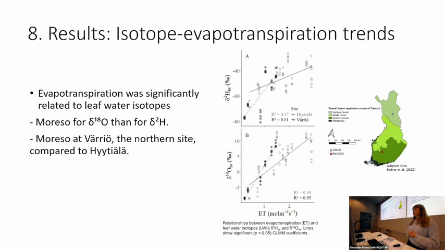And also at one site, the more northern site, evapotranspiration had an extremely close relationship to leaf water oxygen 18 concentration. If you look at the bottom graph, you can see this R squared equals 0.95 relationship. That's quite an incredibly strong trend.